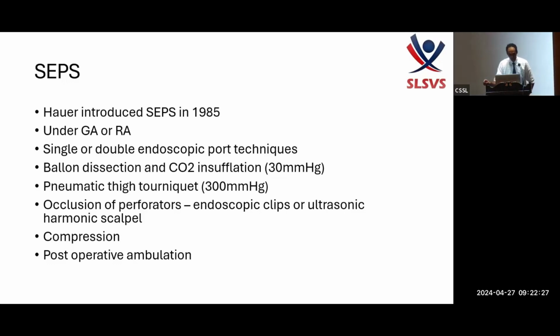We use double or single endoscopic port techniques, and with the endoscopy, we do balloon dissection using carbon dioxide insufflation, about 30 millimeters of mercury. We apply a pneumatic tourniquet to get a bloodless field. Occlusion of perforators is done by clips or harmonic scalpel. Following the procedure, we do compression and ask the patient to mobilize for at least 3 hours.